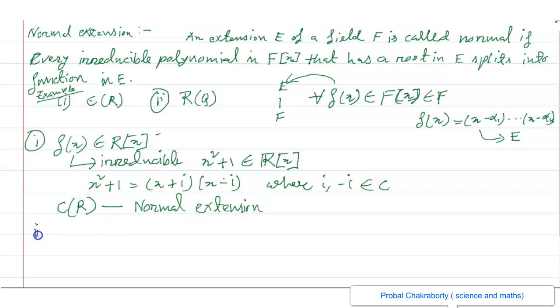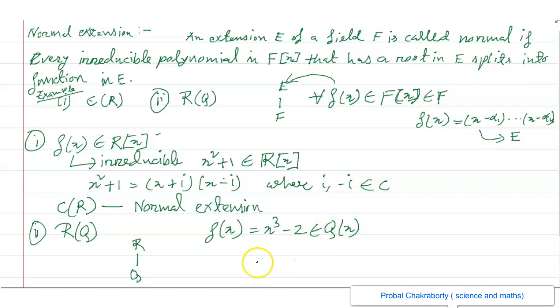Number 2, R over Q, where this is the R and this is Q. So friends, let f(x) equal x cube minus 2, which belongs to Q[x], and according to the Eisenstein theorem, it is irreducible.